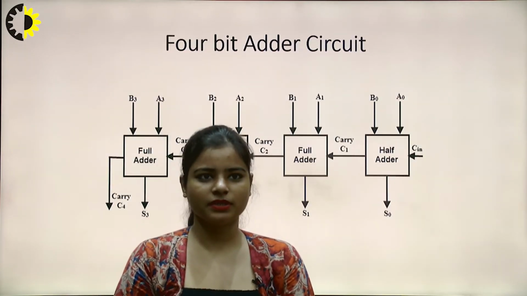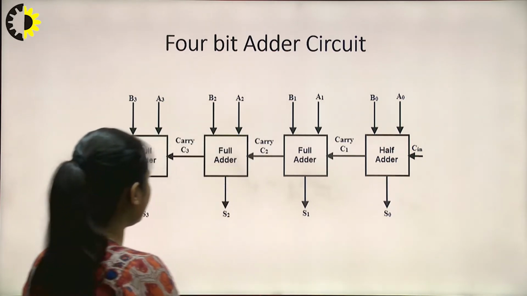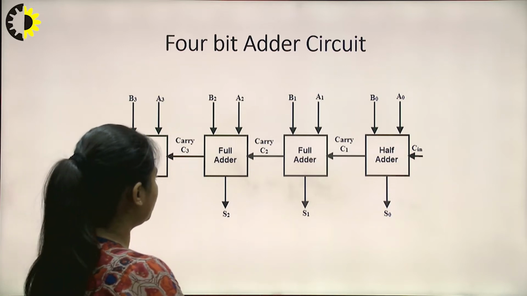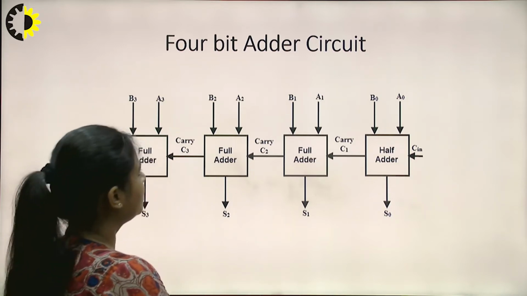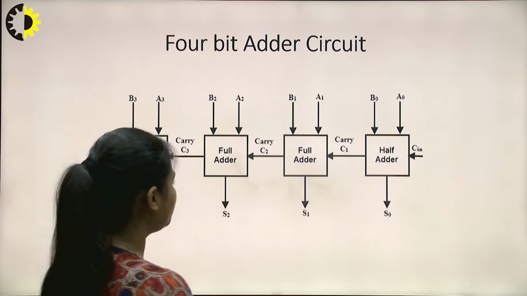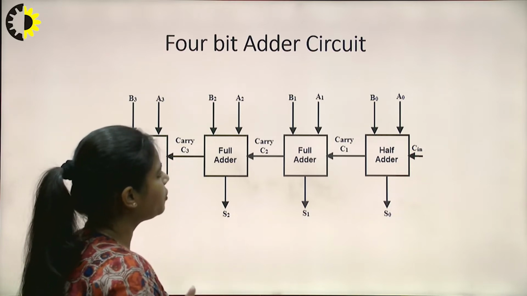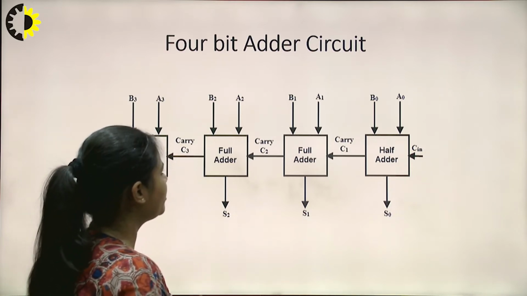First of all, we should understand the basic working architecture of a 4-bit adder circuit. Here you can see some structure with adders like full adders and half adders. Whenever we are adding digits and also have some carry, we use this kind of architecture.